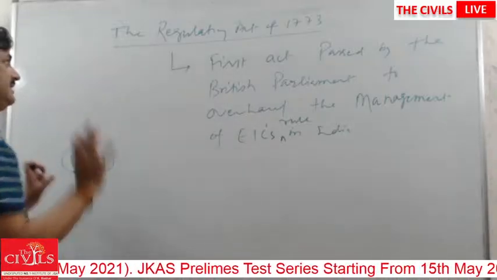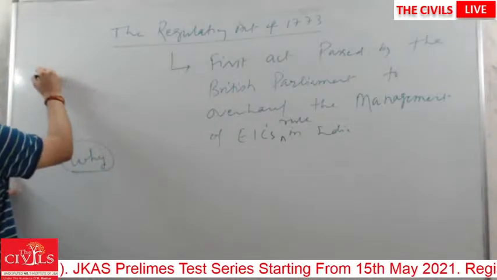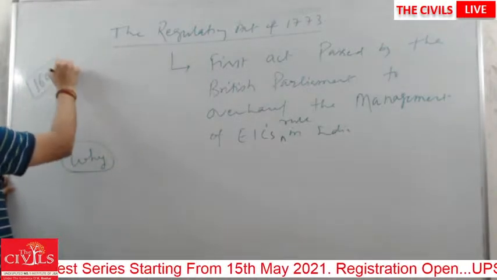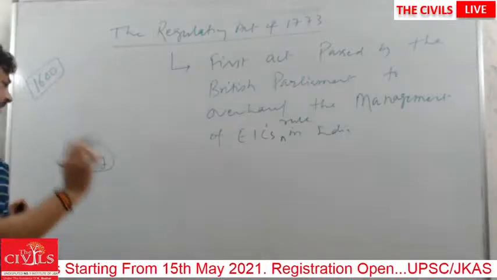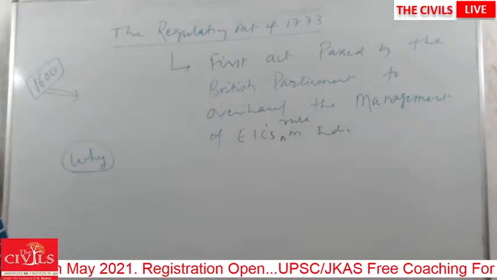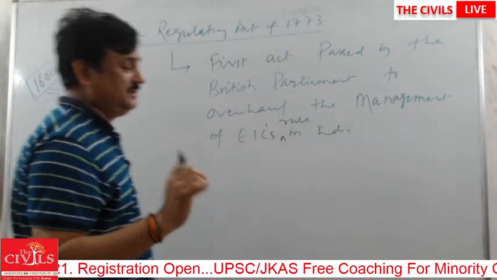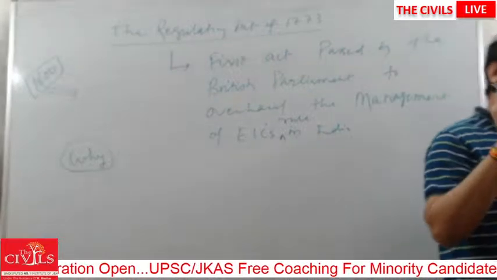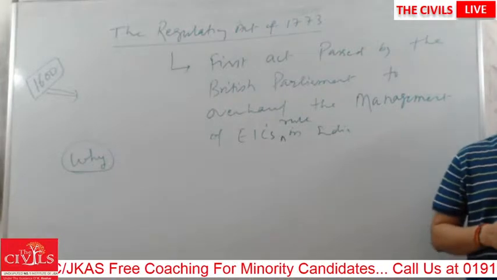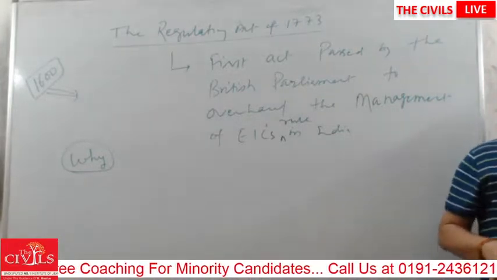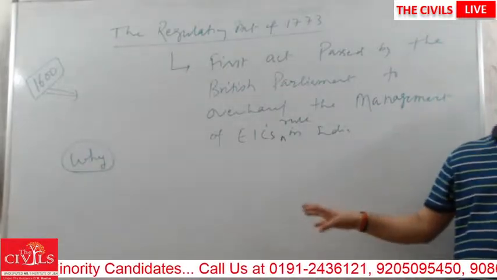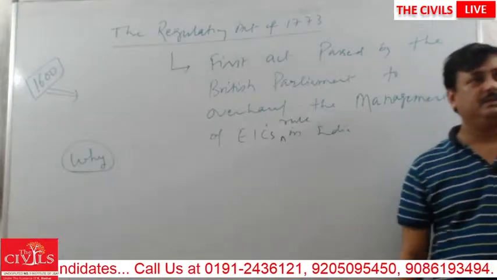did the British Parliament pass this act? Because look here, the East India Company got the trade monopoly rights from the Charter of 1600. But why, after 173 years, did the British Parliament decide to control the administration and management of the East India Company's rule in India?